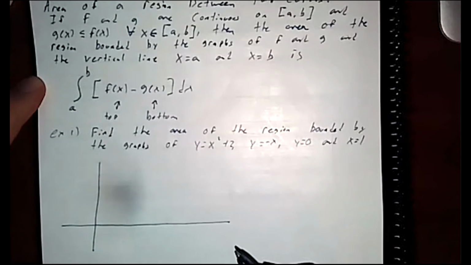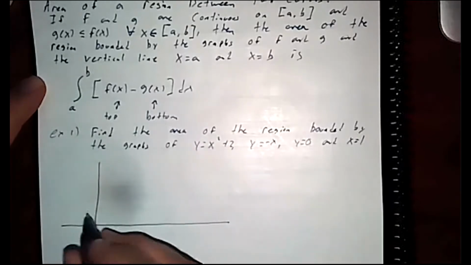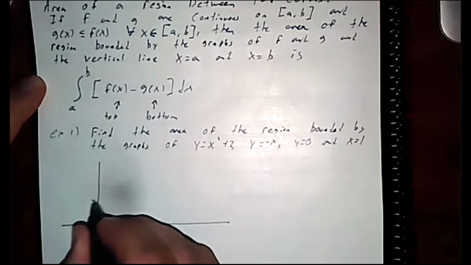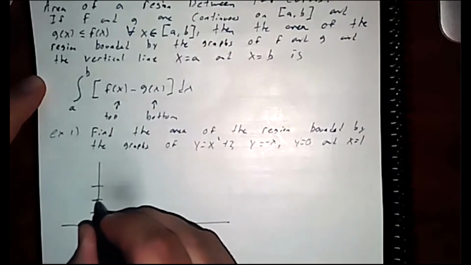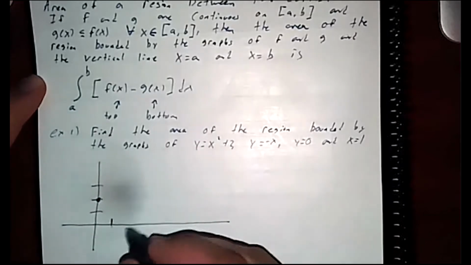We know 0 will be the center of this parabola, so 1, 2, 3. So here is the center of the parabola. How far is it going? 1, 2, 3, 4.